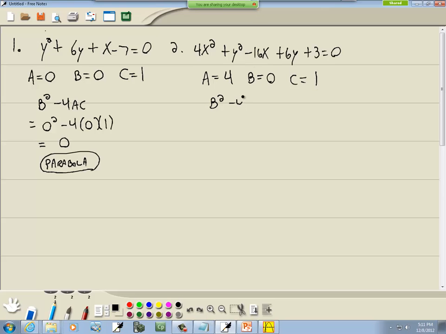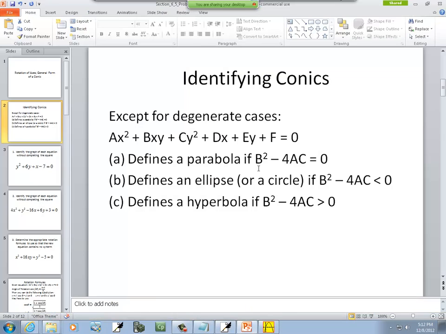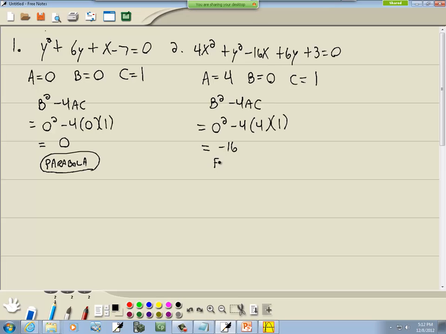So b squared minus 4ac: 0 squared minus 4 times a, which is 4, times c, which is 1. 0 squared drops away. 4 times 4 times 1 is 16, so we have negative 16, which is less than 0, which means it's an ellipse or a circle. Specifically, it's an ellipse. The numbers would have to be the same in front of the squared parts. See how this is a 4x squared? This would have to be a 4y squared for it to be a circle.